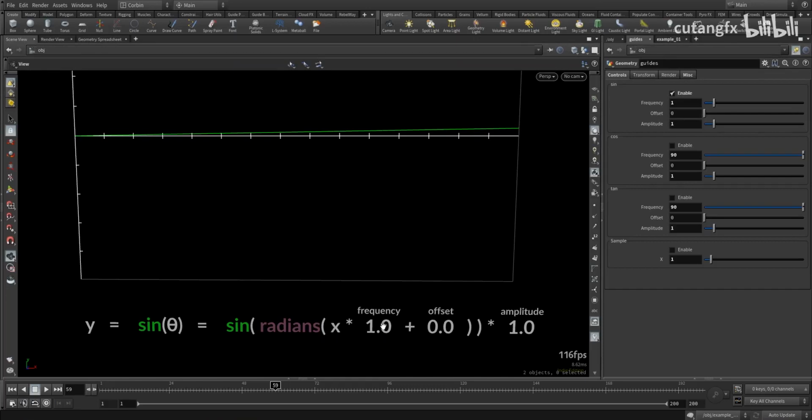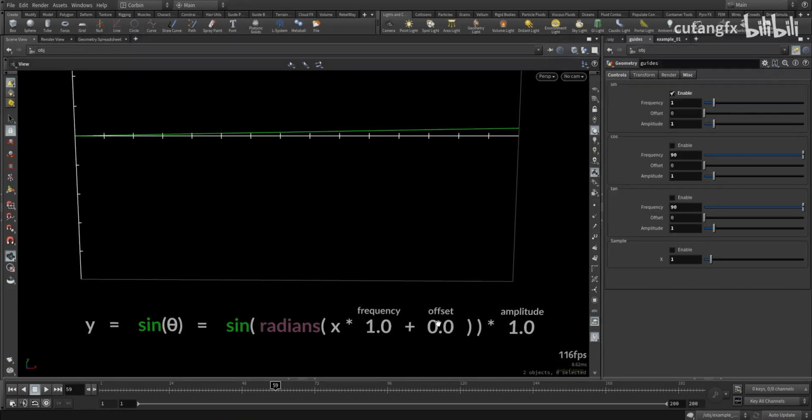And so we're going to scale down the wave along x. So we multiply by our frequency, and then we can add an additional random number.